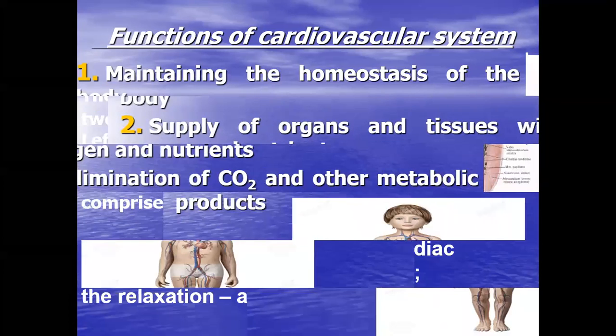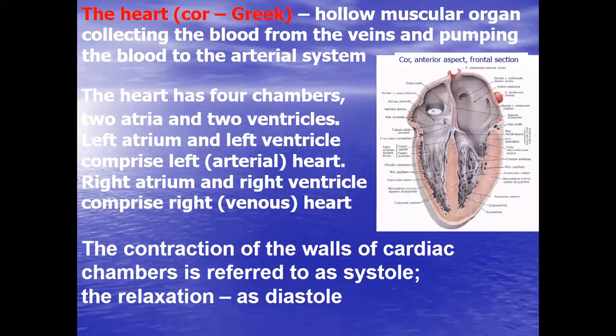You know that the heart is a hollow muscular organ collecting the blood from veins and pumping blood to the arterial system. The heart has 4 chambers, and left atrium and left ventricle comprise left heart or arterial heart, and right atrium and right ventricle comprise right or venous heart.